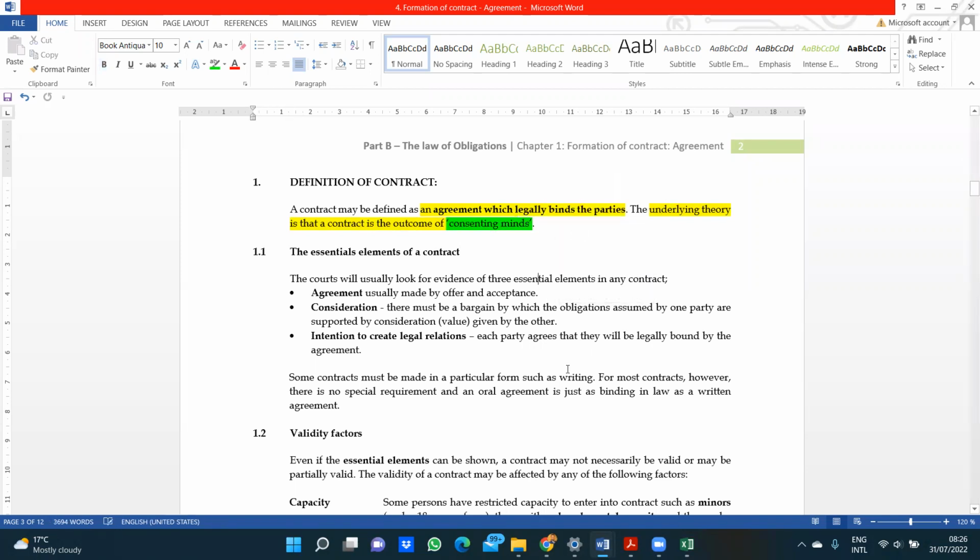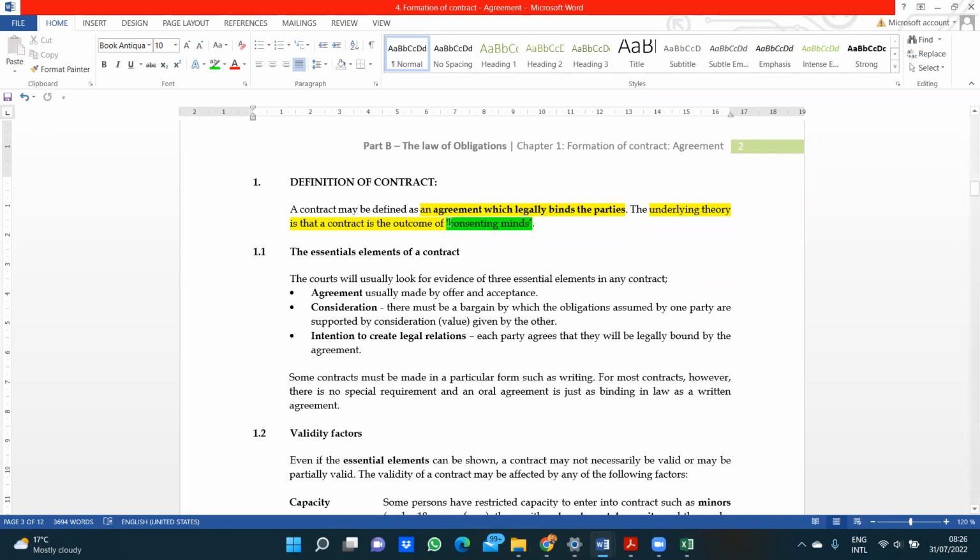For a contract to occur, both parties must have agreed to the terms. There can't be undue influence. They can't be signing this contract under pressure. This is not the way that a contract should be conducted.